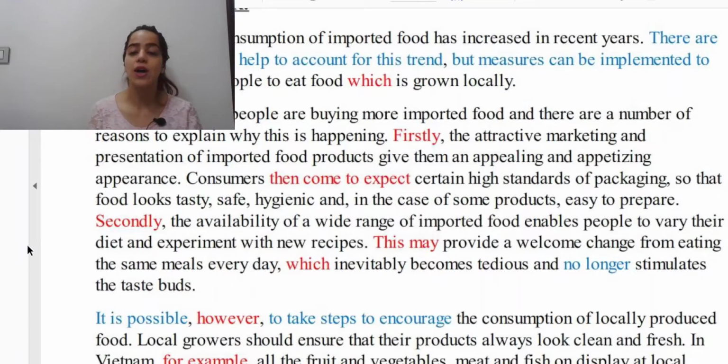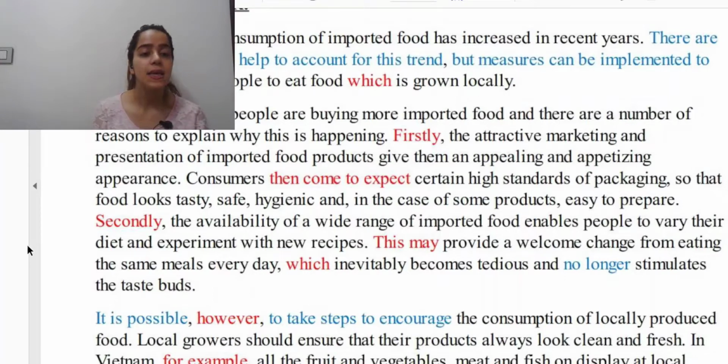Let's move on and talk about the first body paragraph. If you want to be logical about that, the first body paragraph should be dedicated to the first question, and the second body paragraph should be dedicated to the second question, because in that way you can answer the questions in a very organized and disciplined way.